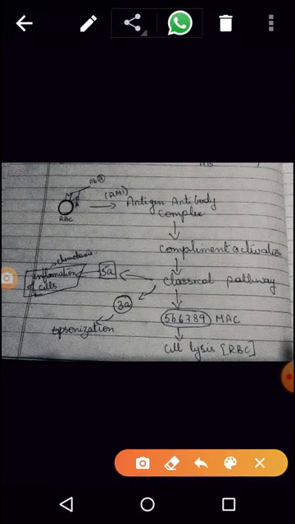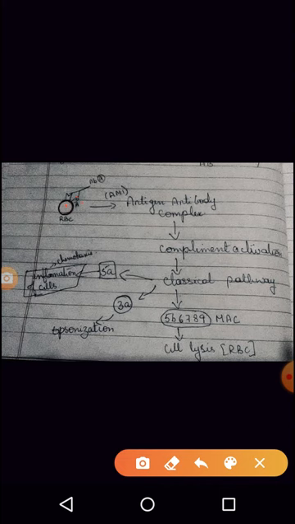Now let us see the mechanism here. The first kind of mechanism is complement activation. Now this is the RBC and these are the surface antigens. Let us consider a person's blood group having A. Here he is having surface antigens, what? A antigen, isn't it? Now he is donating blood to a person having B blood group. That person will have anti-A antibodies, isn't it?